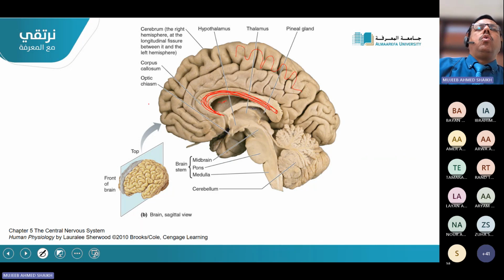You will see these hollow cavities, the lateral ventricles. And here is the brainstem, pons and medulla oblongata, continuing as the spinal cord. On the back side, you will see the cerebellum.